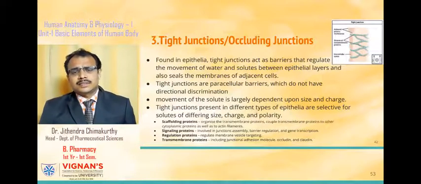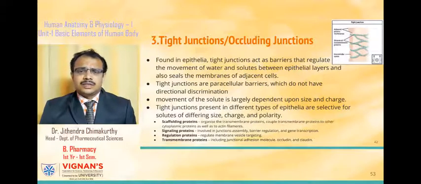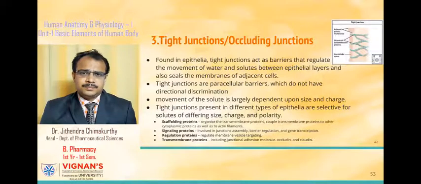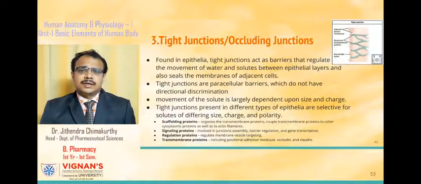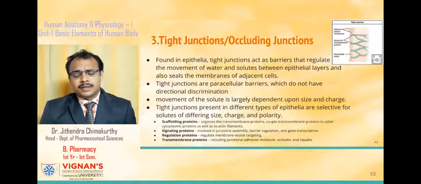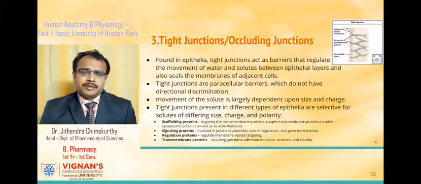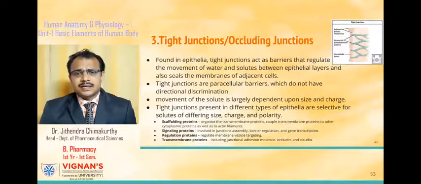So the substances or solvents can move from any direction through these occluding junctions, and this is mainly dependent on size and charge. Tight junctions are mostly seen in epithelia and are selective for solutes of differing size, charge and polarity.